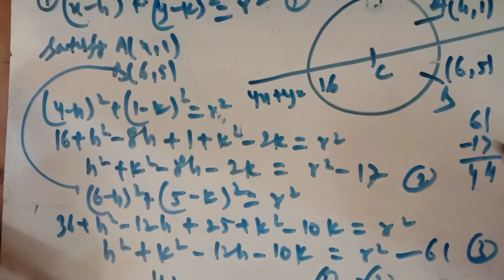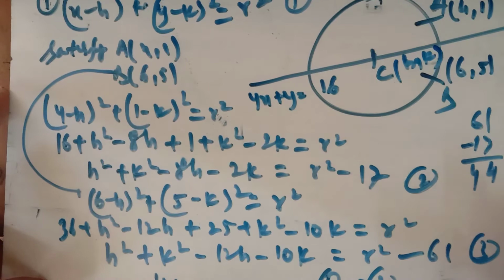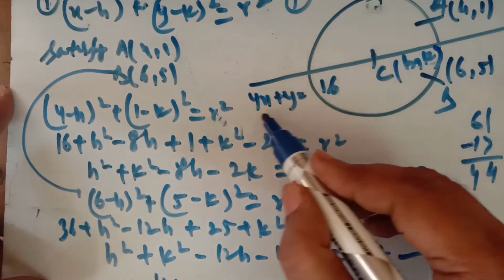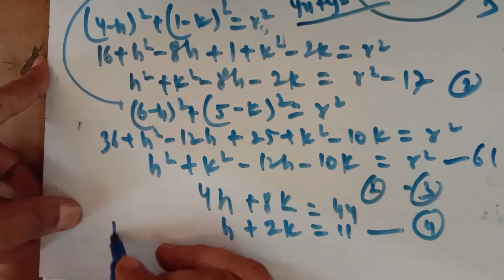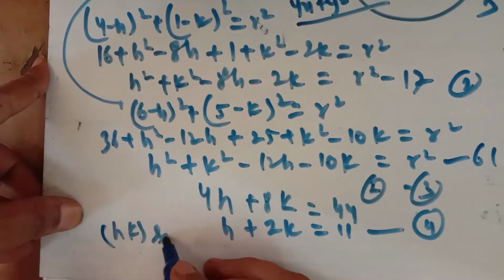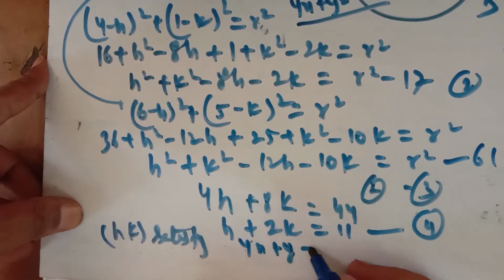Now because the center of the circle (h, k) lies on the given line, it will satisfy the given equation 4x plus y is equal to 16.